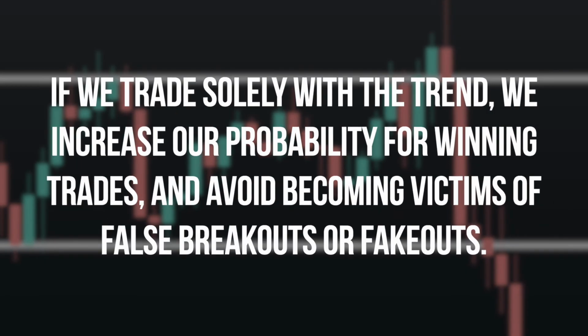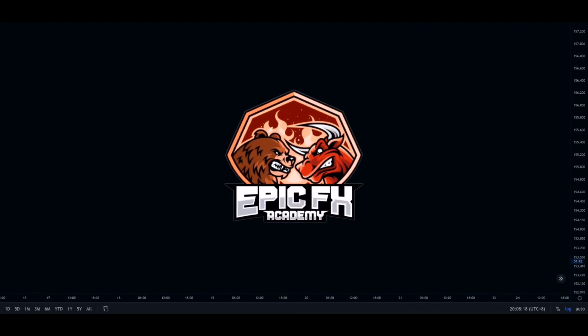If we trade solely with the trend, we increase our probability for winning trades and avoid becoming victims of false breakouts or fakeouts. The biggest way to avoid fakeouts is by following the trend until it breaks. We can identify a trend change and change our bias accordingly if price wins a trend challenge, which you learned about in the trend section.